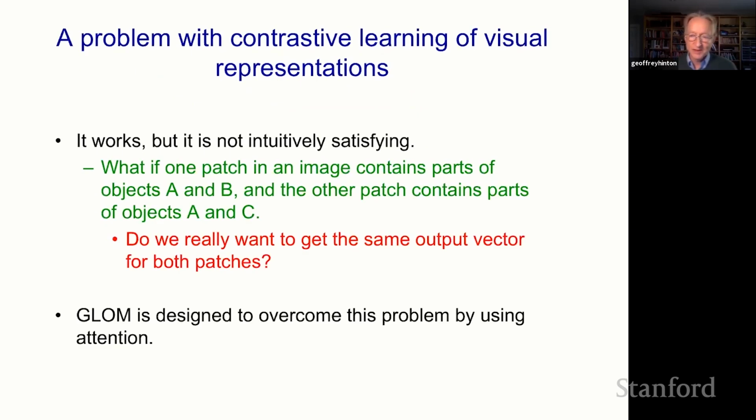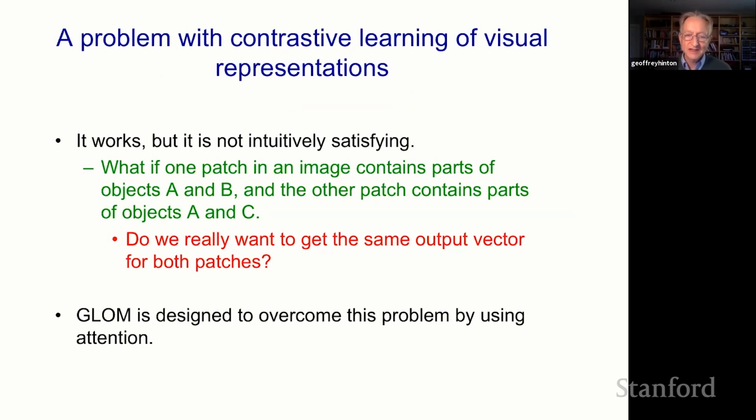Now, there's a problem with this. It works very nicely, but it's really confounding objects and whole scenes. So it makes sense to say two different patches from the same scene should get the same vector label at the scene level because they're from the same scene.